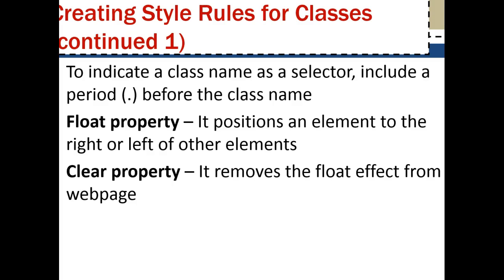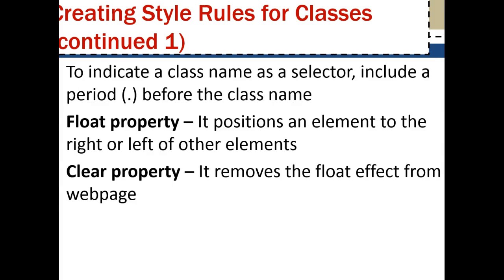You can go to page 166 and see that we have applied the float to the left for the equip class. That means the text will come to the right side of the image, and the image floats to the left side of the text.